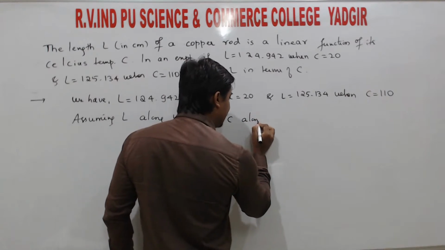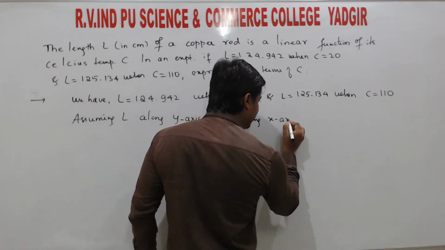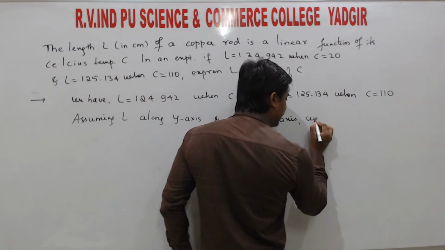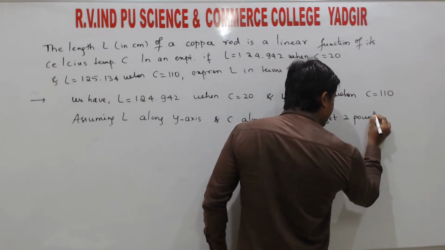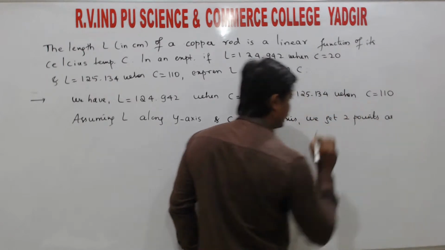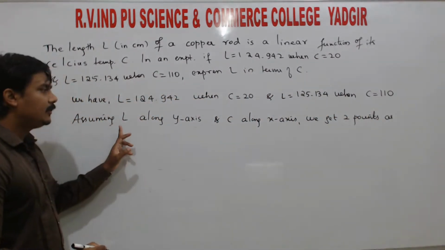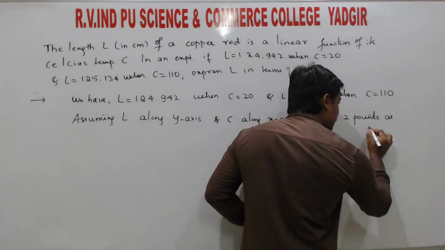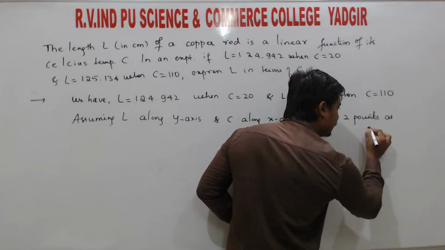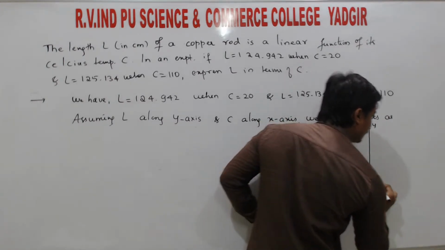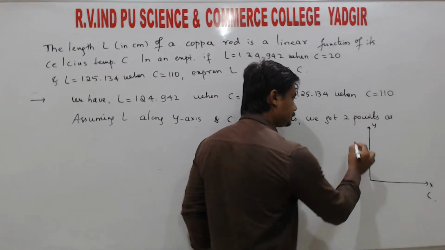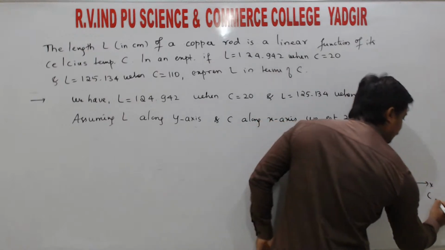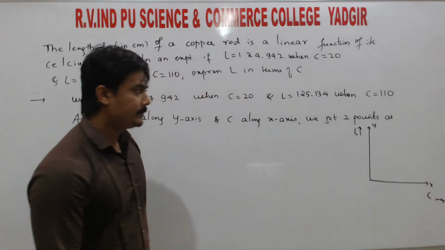And C along the x-axis, we get 2 points. If I take L along the y-axis, the information pertaining to the length of the conductor is along the y-axis, and along the x-axis I have taken the Celsius temperature.